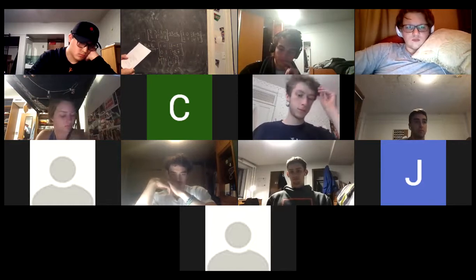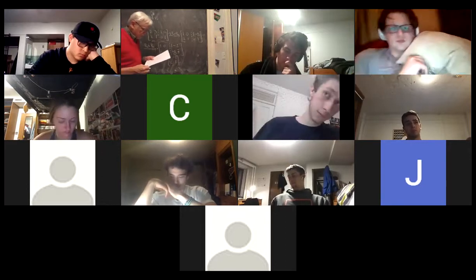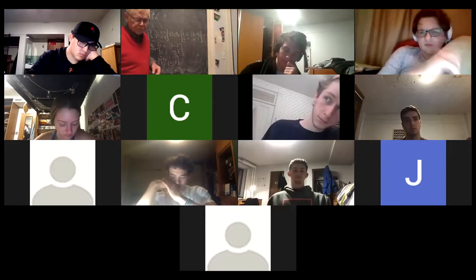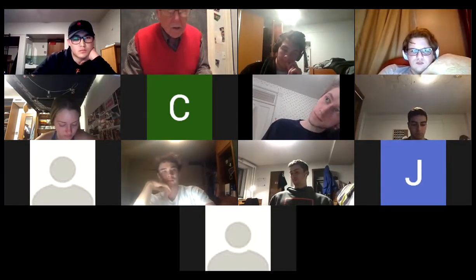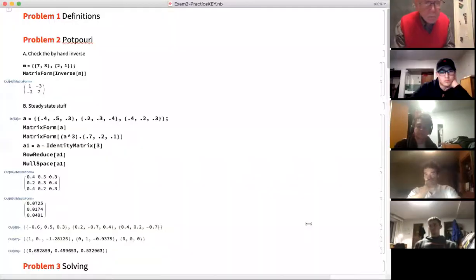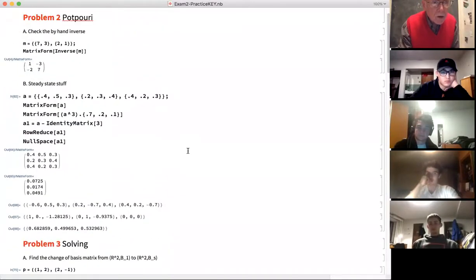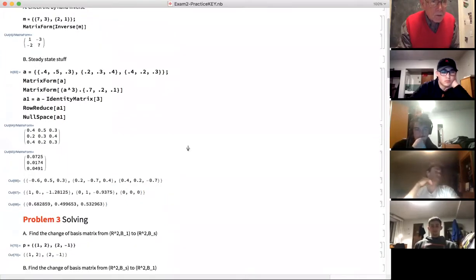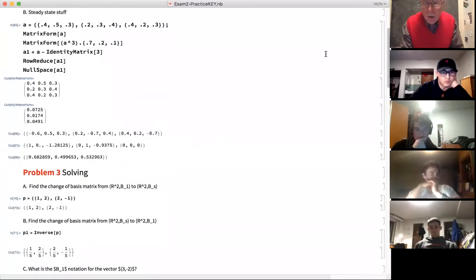So we want to compute A cubed and then multiply by x0, and that would give us the answer. And I think I did that on this Mathematica file. Here in this problem 2, I checked the inverse by hand to make sure I had it right. Now here's the steady state stuff.